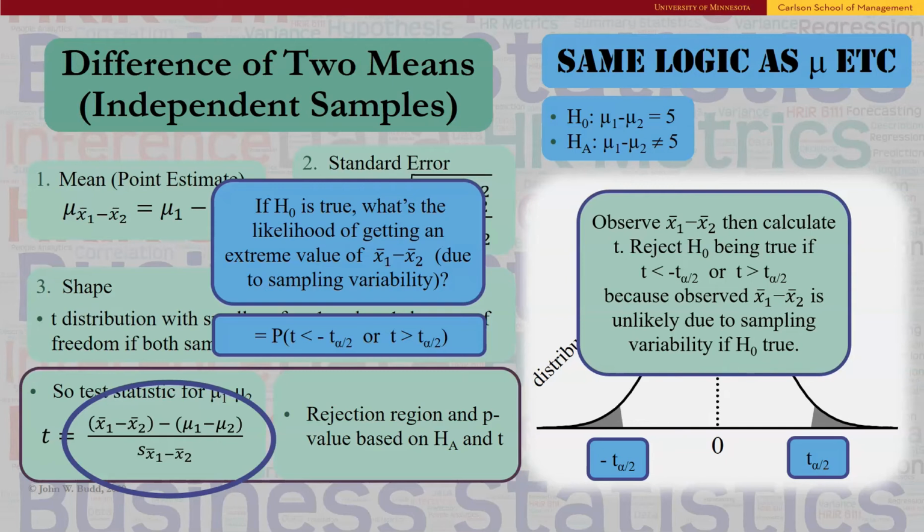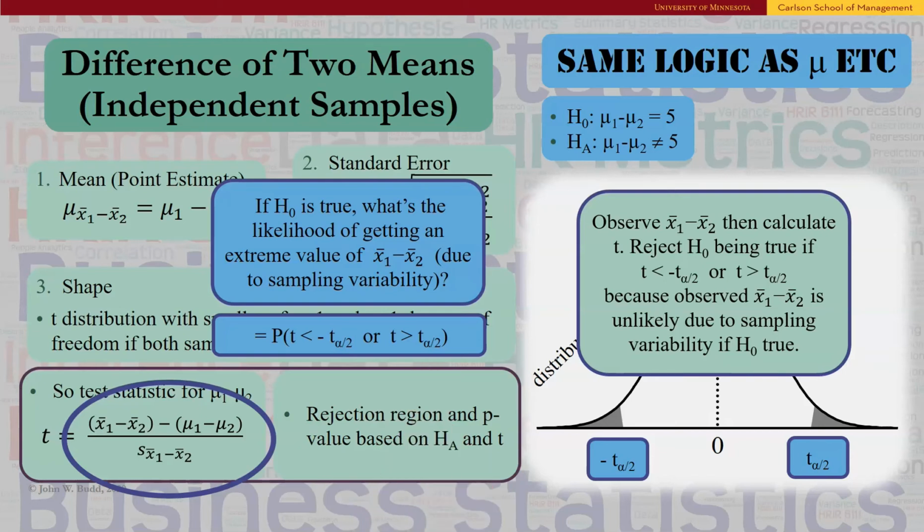And so to actually conduct our test, we observe the difference in the two sample means, and then we standardize that using the circled formula over on the left side of the slide.